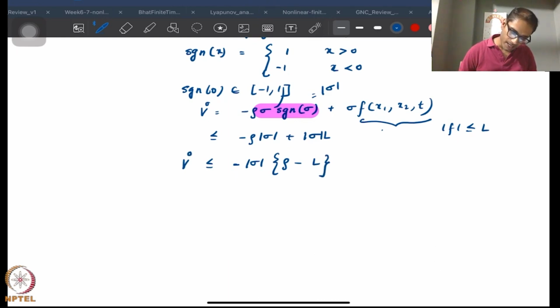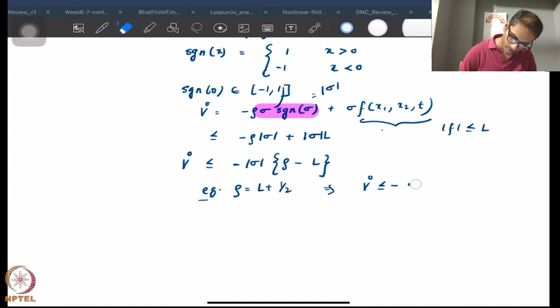So if I take rho, for example, equal to L plus 2, then v dot turns out to be minus half absolute value of sigma, right?